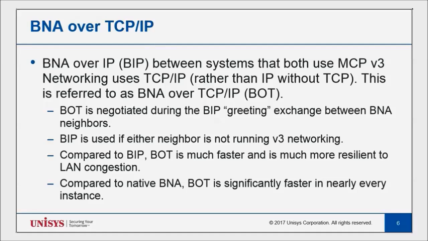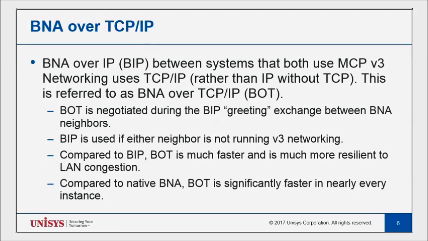With networking v3, if both systems in a neighbor pair use TCPIP v3, then BIP negotiates the use of TCPIP rather than using IP packets without TCP. And we refer to this as BNA over TCPIP, or BOT.